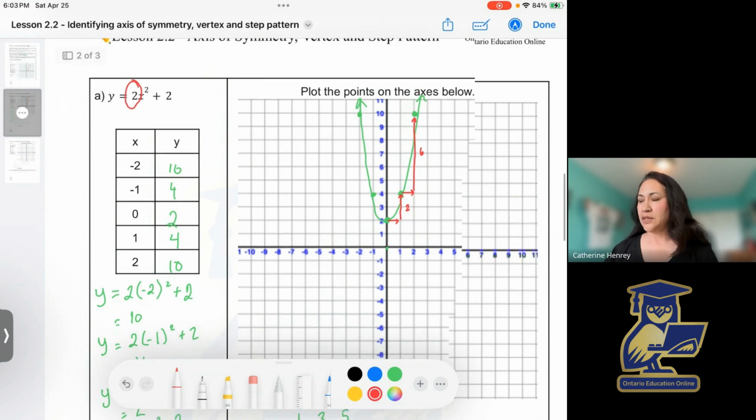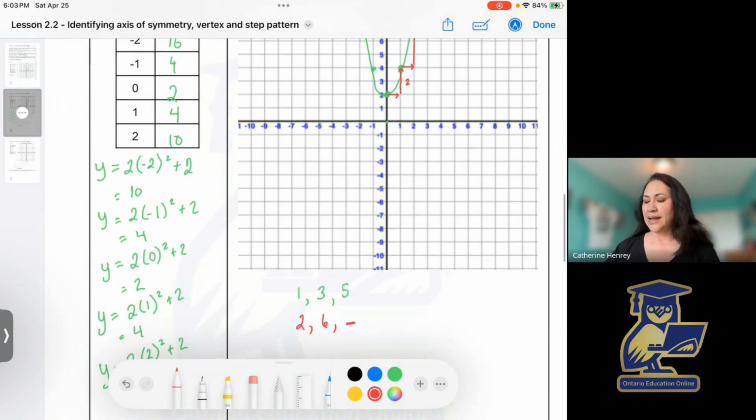And what happened to our step pattern? It started as 1, 3, 5, but now for this example, it is 2, 6, and the next number would be 10. So the step pattern for this function has been doubled, and that's because of the 2 in front of the x squared term.